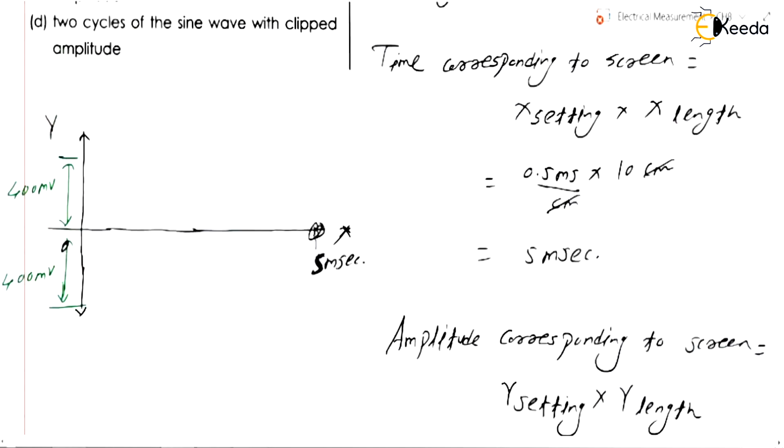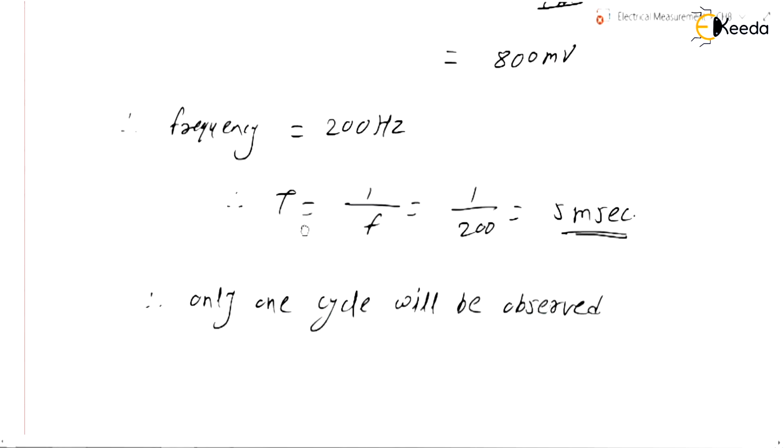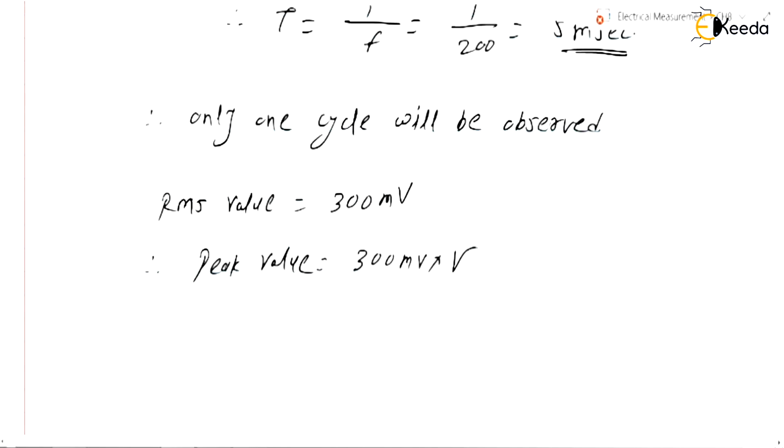Next, second thing, it is given that the RMS value of the signal is 300 millivolt. Therefore we can write peak value is equal to 300 millivolt into root 2, that is 424.26 millivolt.